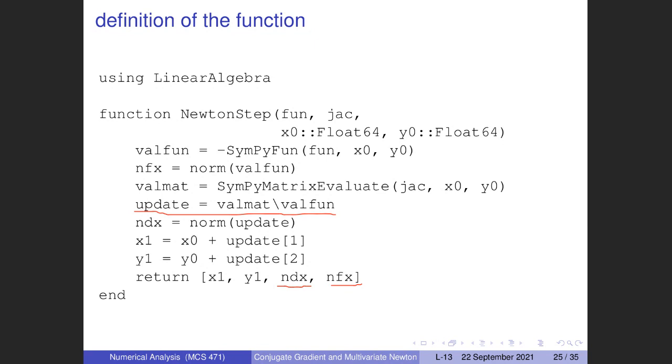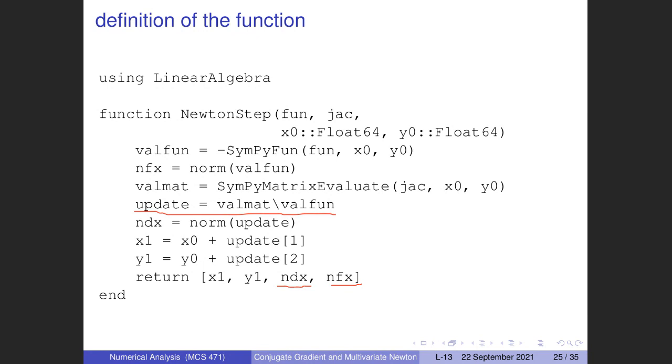When the backward error is small, also the forward error is small. So we have the next point in the iterative method and two floating point numbers that tell the quality of the approximation.